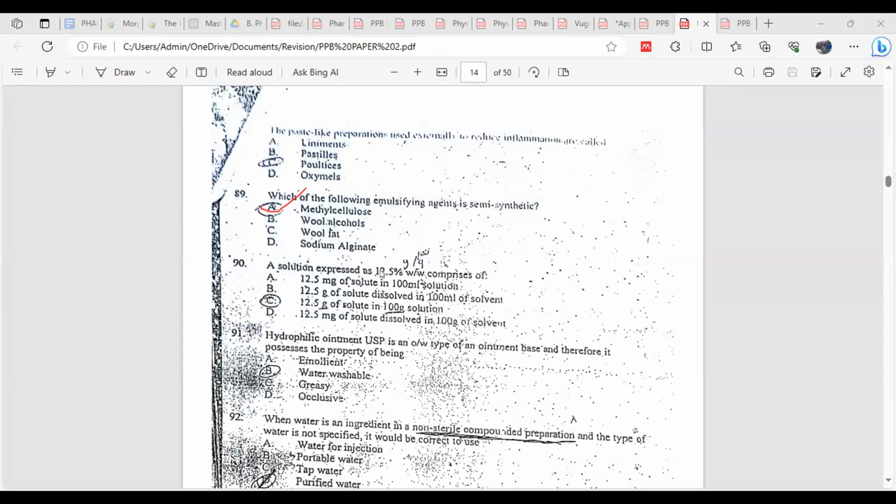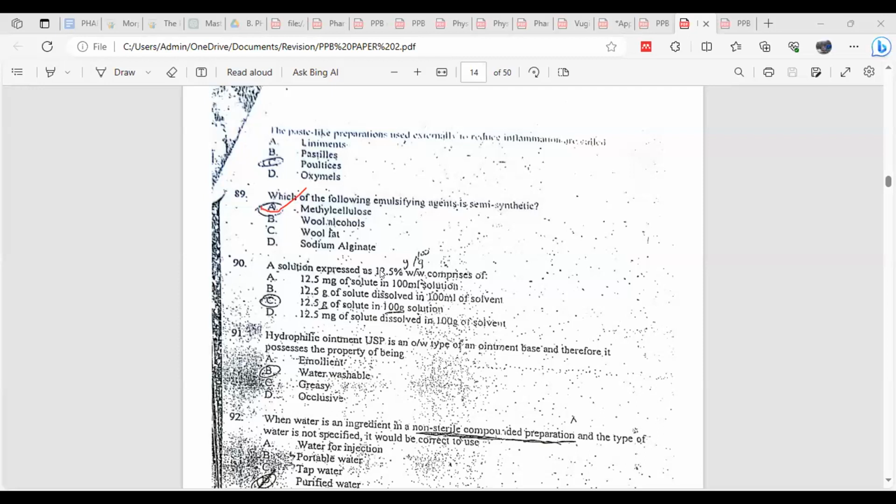They say it's a gum, so it sounds more natural. They said emulsifying agents that are semi-synthetic, examples are methyl cellulose and sodium carboxymethyl cellulose. So, semi-synthetic emulsifying agents.